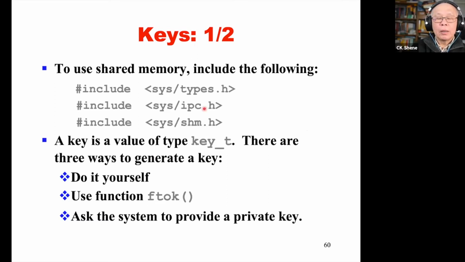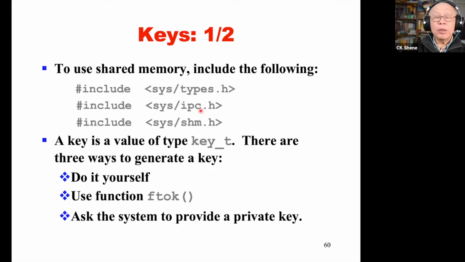Just like when we want to use the fork system call, we must include sys/types.h. The second header file, ipc.h, must be included. IPC in Unix means inter-process communication.